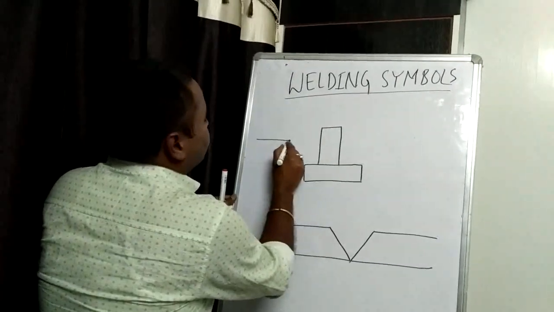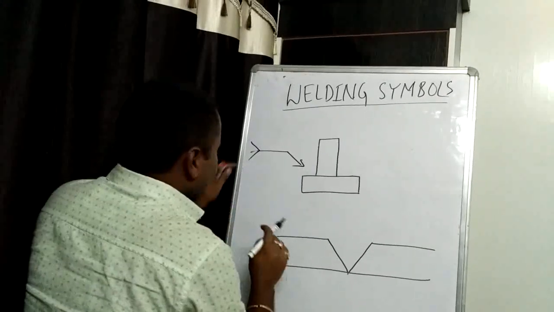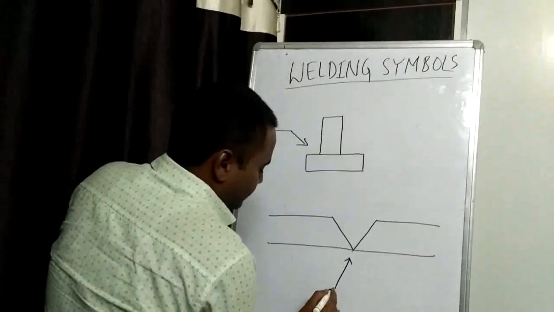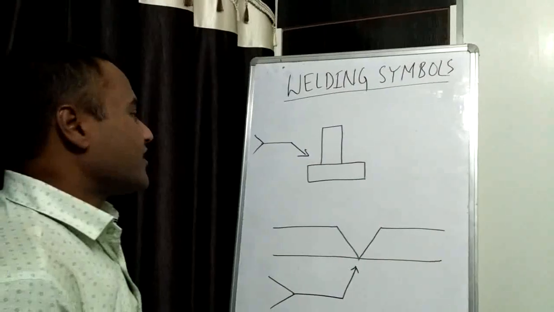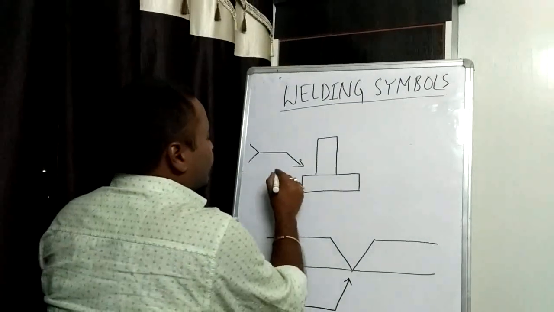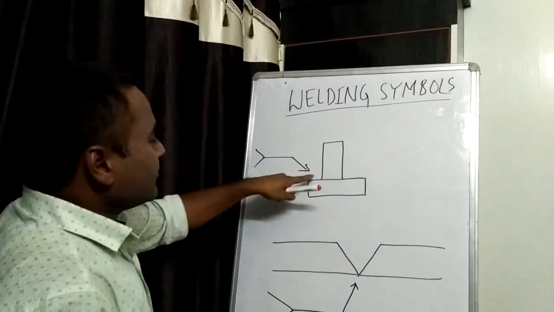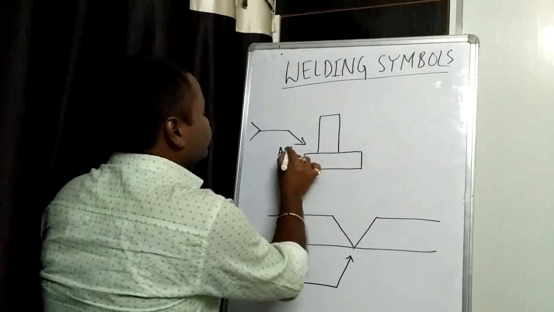Suppose the symbol is given from this side. Then in this case, our arrow side will be changed. Now this side will be called the arrow side. Why? Because the arrow points to this side, and the opposite side will be called the other side.